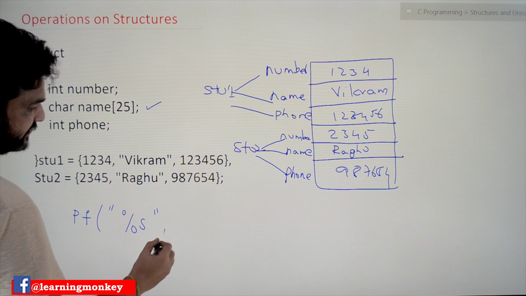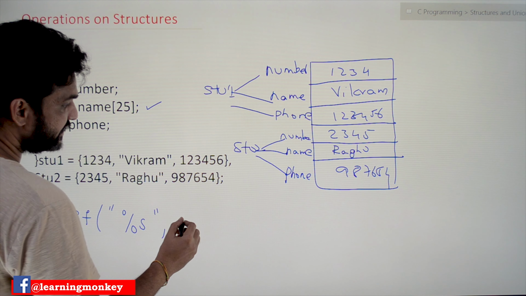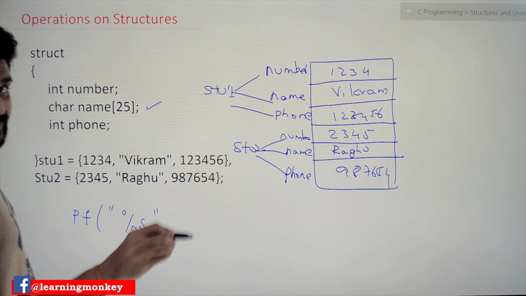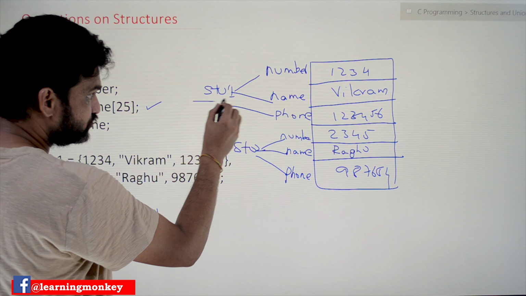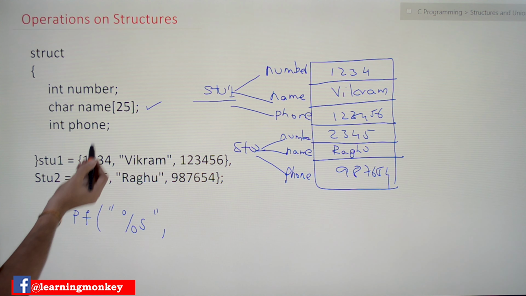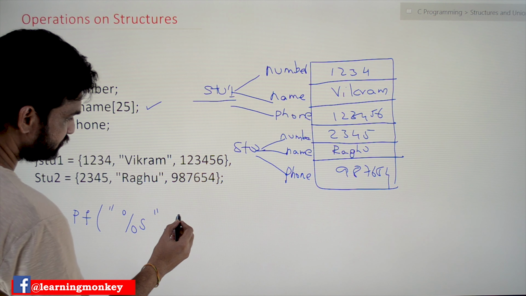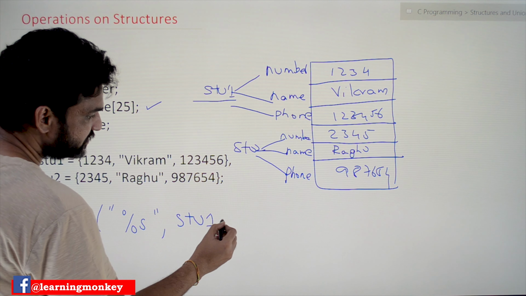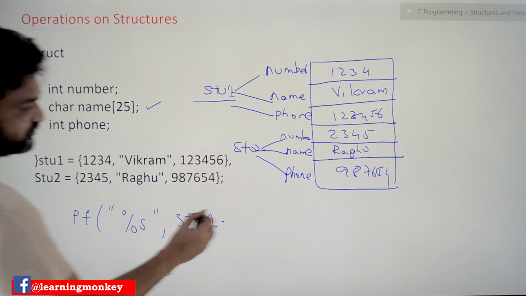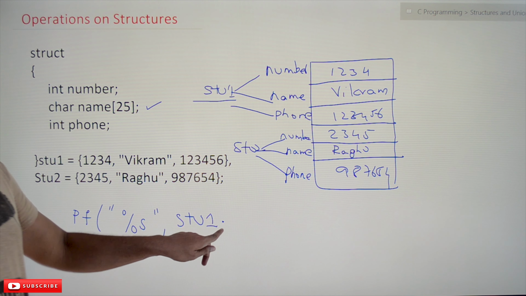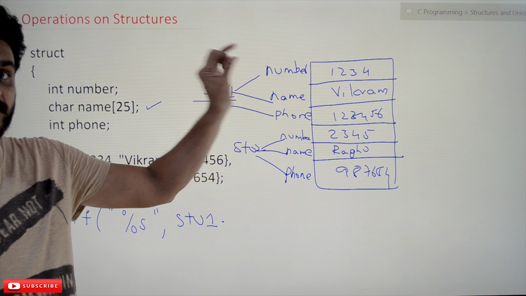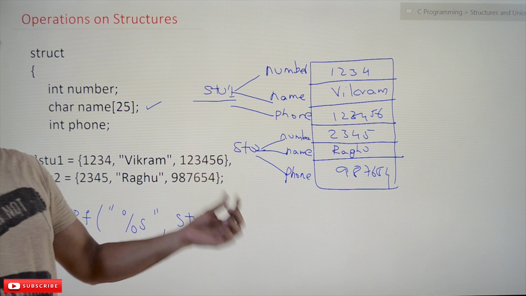Next, we have to say which variable's member has to be accessed. We want to access student 1's member, so it is stu1. The next one is dot. This is what we call the dot operator. In the operator precedence table, this dot operator is also there.